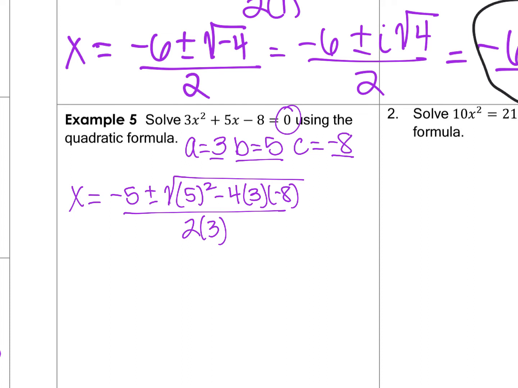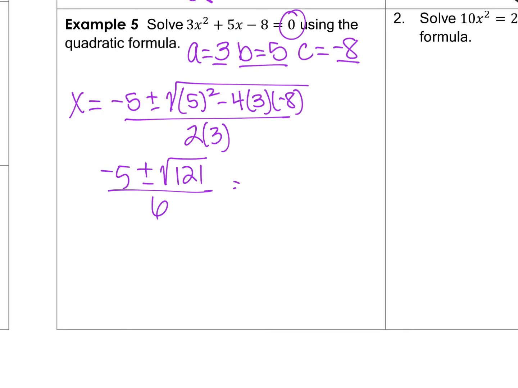Okay, so we're going to plug in what's under the square root only, without the square root. And you should get 121. So 121 is a perfect square. It equals 11. So I'm going to have negative 5 plus or minus 11 over 6.